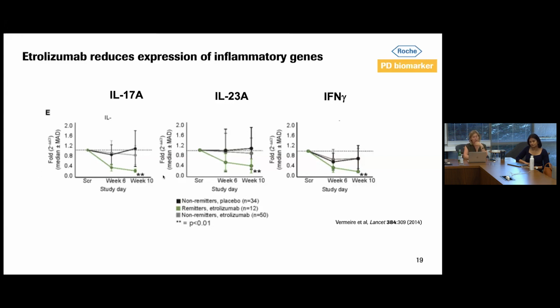Oftentimes in immunology, the area that my team supports, we try to maximize target occupancy. So we try to go for 100% blockade if we can do so safely. But there are some targets where safety is an issue, and where we have preclinical evidence that 50% target inhibition might be sufficient.